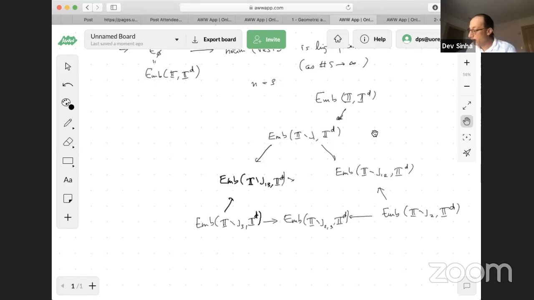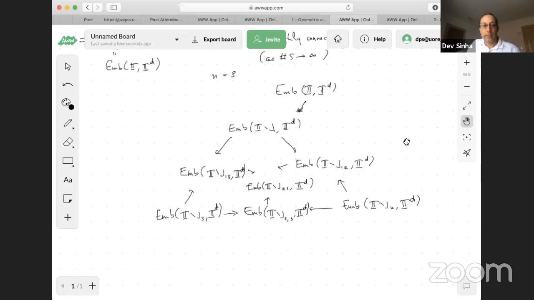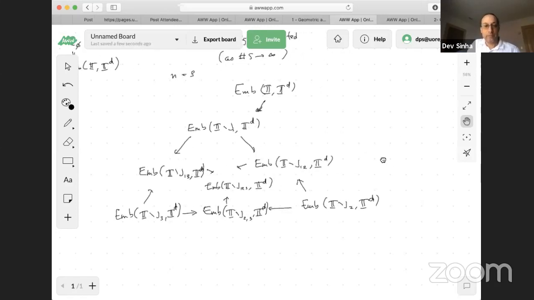And then finally, I cut away as much as possible, all of the J's, and I get a diagram like that. And these are all restriction maps.